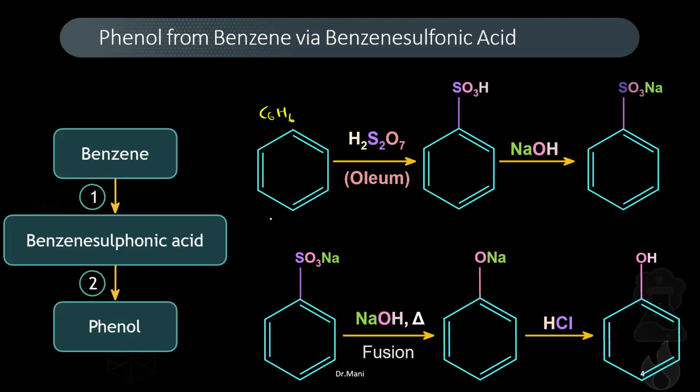So what is this called? What is the name of this? Benzene. And what is the name of this? Benzene with sulfonic acid, SO3H. So what we call this as? Benzene sulfonic acid. Now this benzene sulfonic acid, you are treating with NaOH, and you will be getting the sodium benzenosulfonate. Now this sodium benzenosulfonate is treated with sodium hydroxide, and here the fusion with the sodium hydroxide is happening.